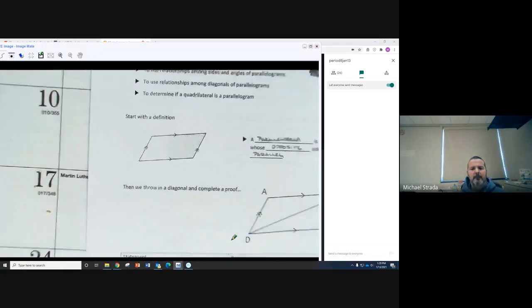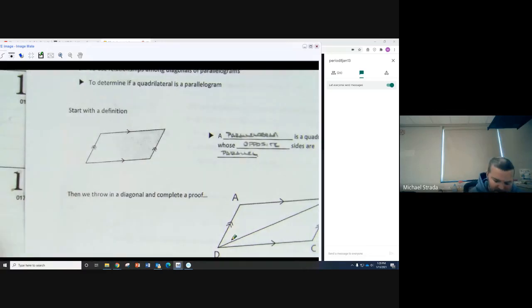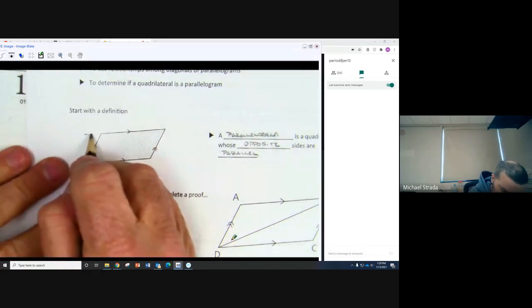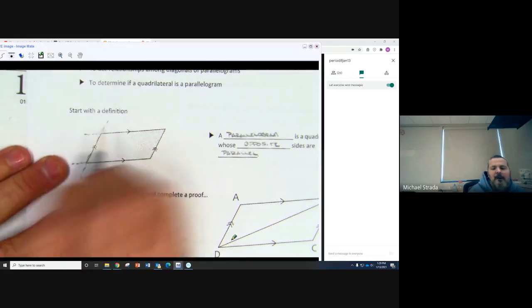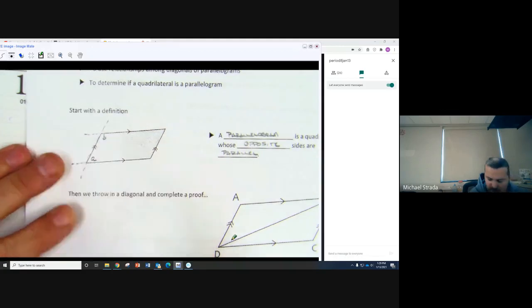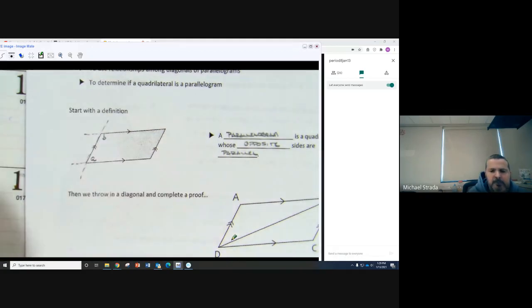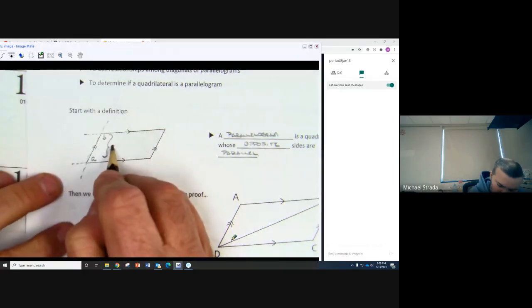Before we get into that, as people are jotting down those, recall that if I extend the sides, and I make that a transversal, A and B are same side interior angles. And as you recall from chapter 3, those are supplementary.